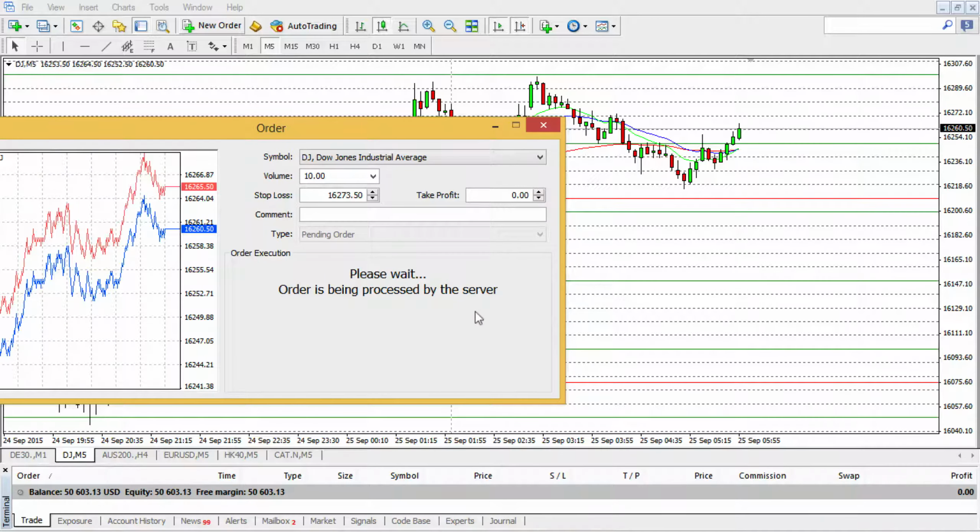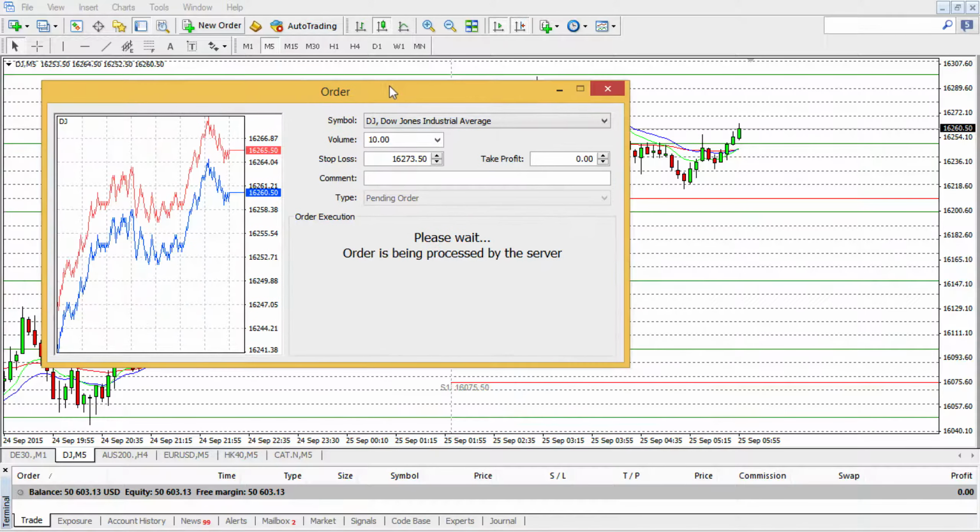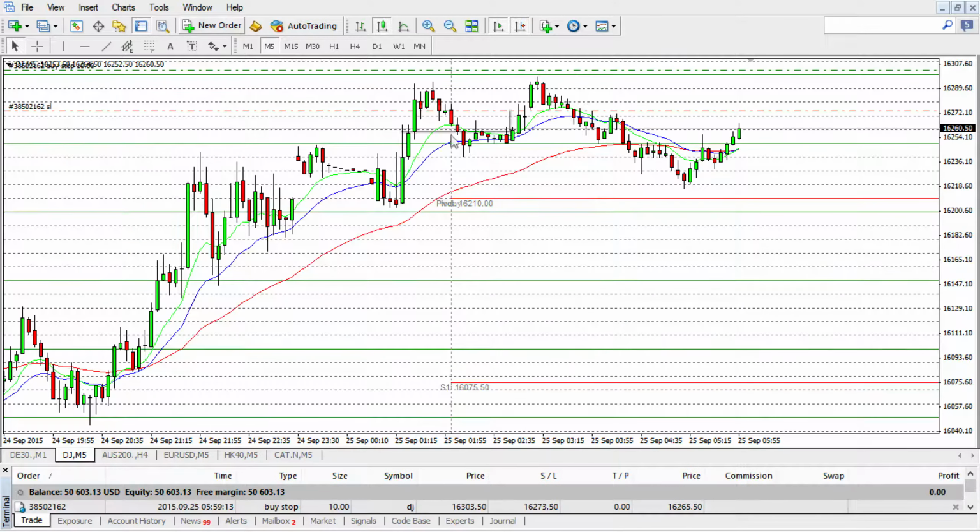Order is being processed by the server. And there we go. So we've got our order. We can check if everything is okay. The price, the stop loss, we won't be using take profit in that case. We'll close it manually, and we can see that this is the entry level, and this is our stop loss, 30 points.